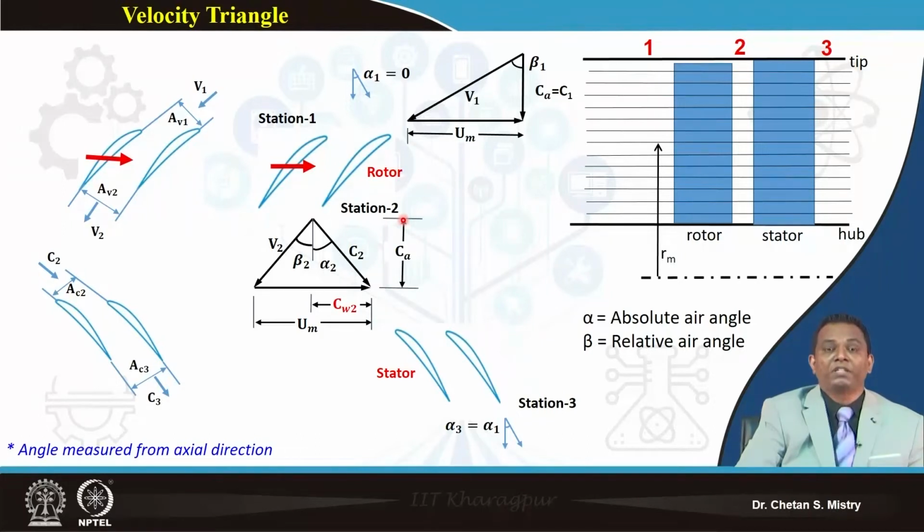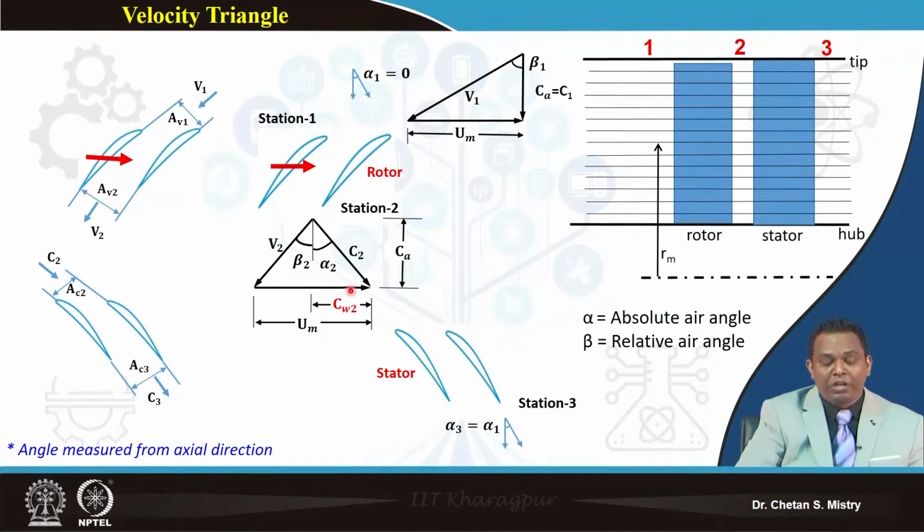For multi-stage also we assume the axial velocity to be constant. At this moment, this is my assumption. As we go ahead, I will say the axial velocity will not remain constant, but in order to simplify our problem, we are initially assuming it to be constant. So you can see here these two axial velocities have the same magnitude.